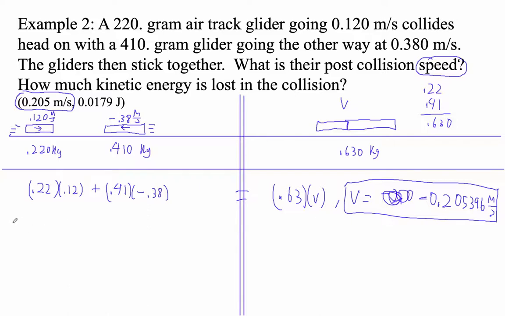So my kinetic energy here is 1/2 times 0.22 times 0.12 squared. The formula I'm using here is 1/2 mv squared, plus 1/2 times 0.41 times 0.38 squared. I'm purposely not putting that minus sign on there because it doesn't matter, we're going to square it. But be careful: your TI calculator will evaluate the expression incorrectly unless you put the parentheses.